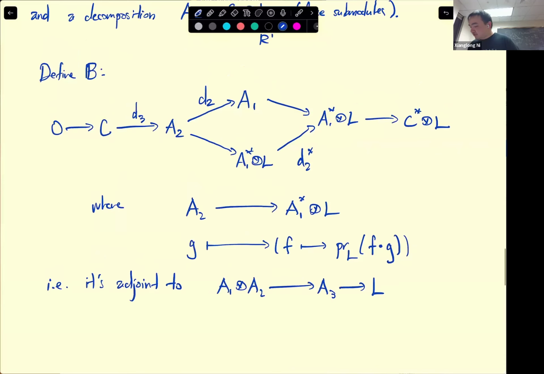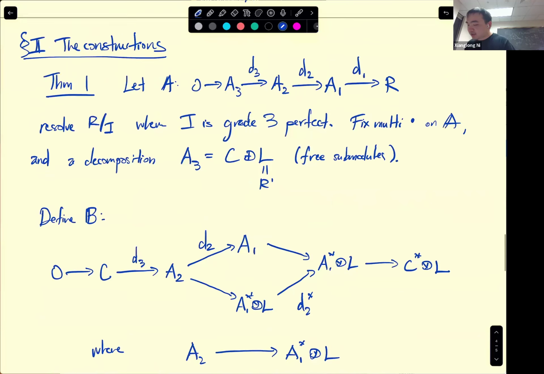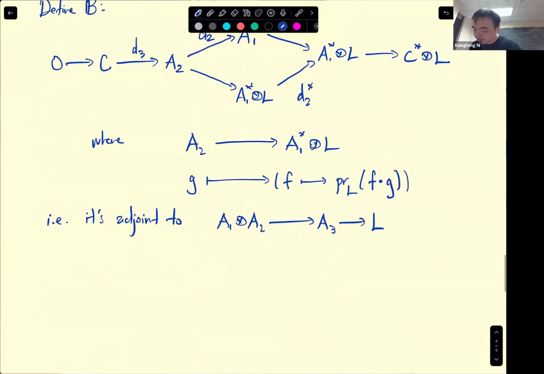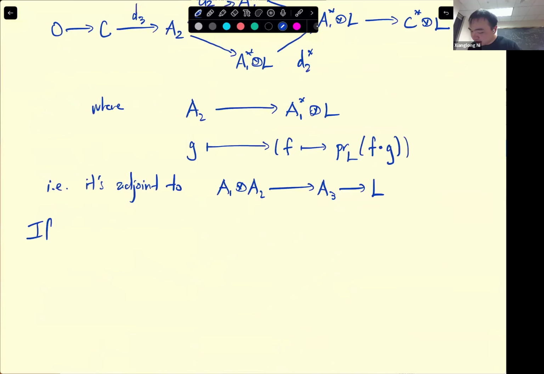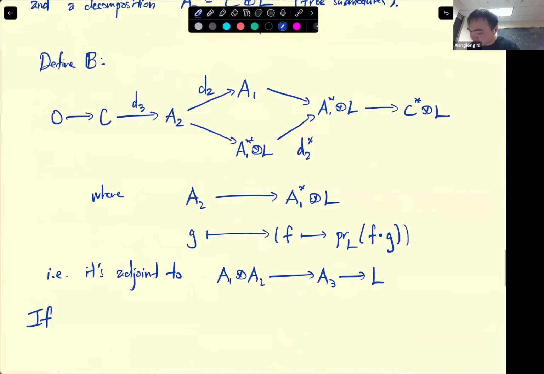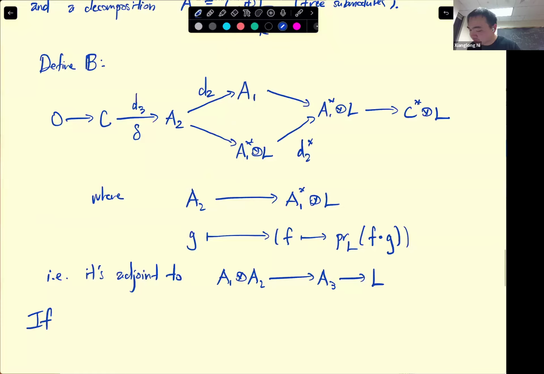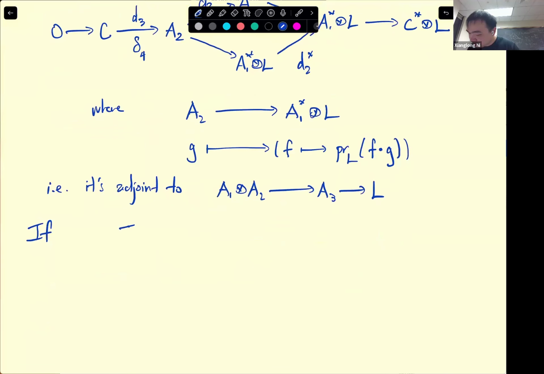Right, so that's the definition of B, and the claim of the theorem, then, is the following. Let me say this last over here, I'll use deltas to denote the differentials of B. So if the ideal of maximal minors of delta 4, which is to say the submatrix of D3 that consists of all but one column, if the grade of this ideal is at least 4, then B is acyclic.